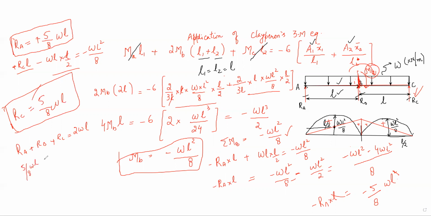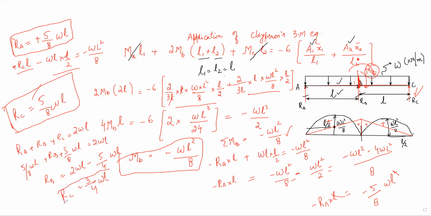We know the value of RC, that is 5 by 8 WL. That's equal to 2 times WL. Therefore, from here we can get the value of RB. RB will be equal to 2 times WL minus 5 by 4 WL. So from here, the value of RB will be equal to 3 by 4 W into L.